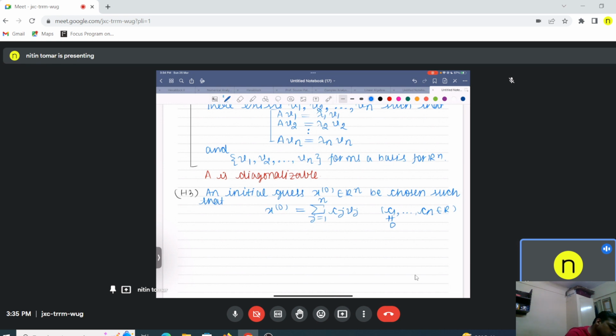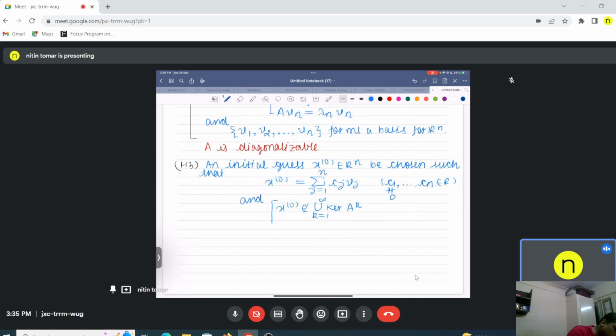And this x0 does not belong to any kernel of A^k, k going from 1 to infinity. So it does not belong to this union.